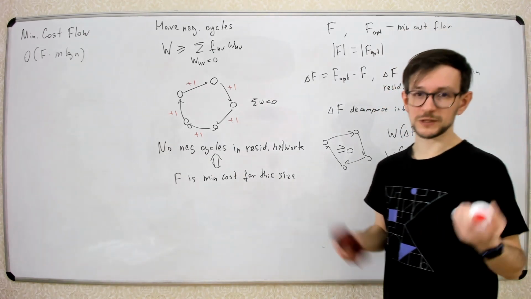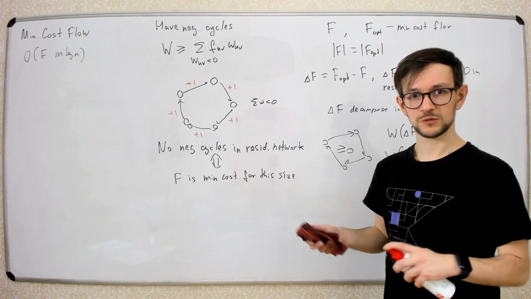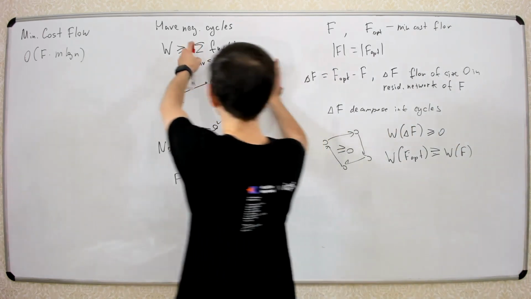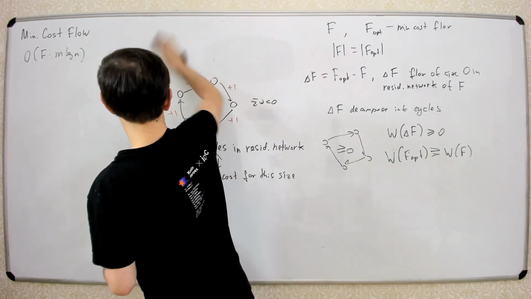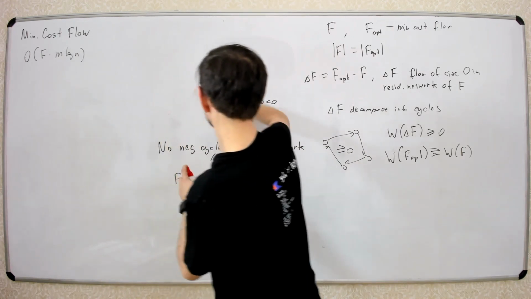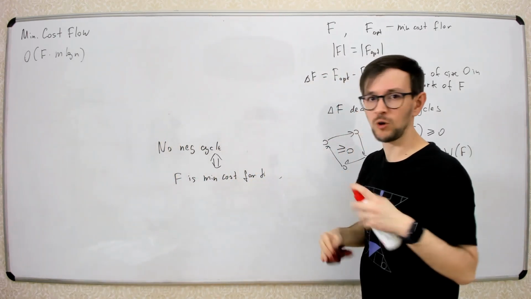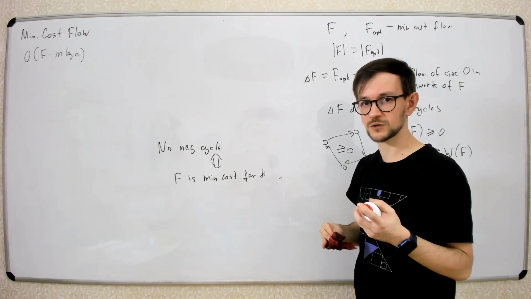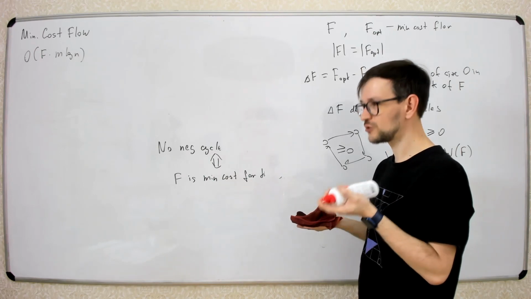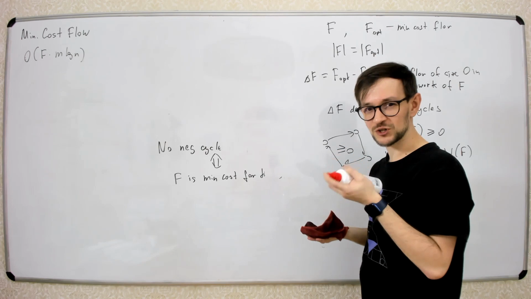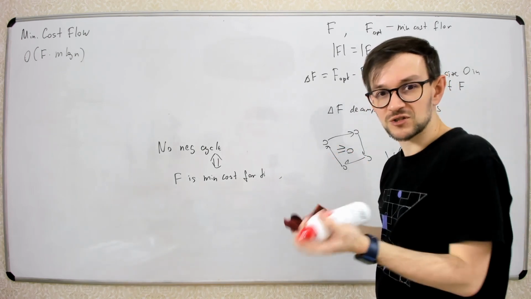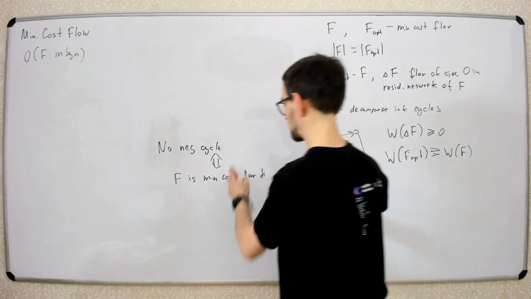This algorithm is polynomial, but it's actually pretty slow. So we actually can do better. Not all polynomial algorithms are practically effective. In some cases you want to run something which is not exactly polynomial, but is just fast in practice.